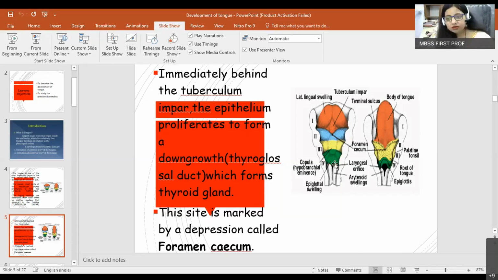When you learnt about the pharyngeal arches, you must have come across the thyroglossal duct and thyroid gland. Have you read it? Yes, ma'am.